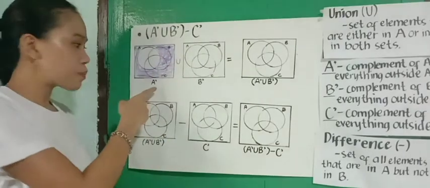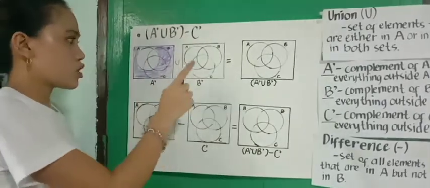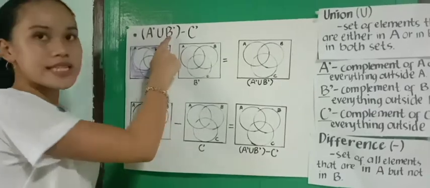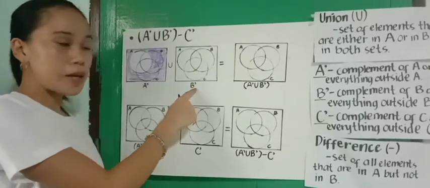So this would be our A prime. So let's proceed with the second statement, which is the B prime.